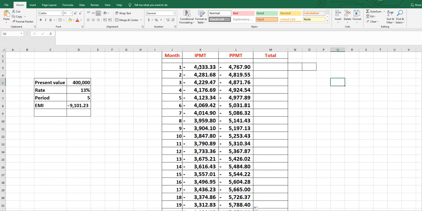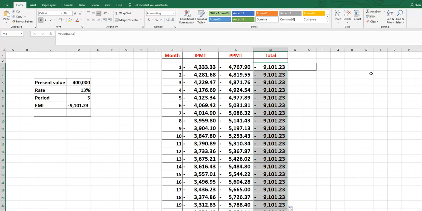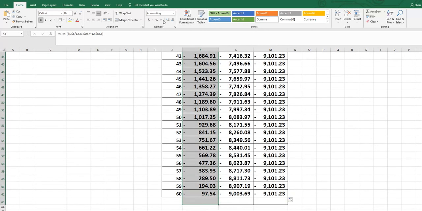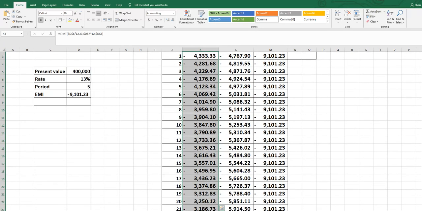and then same thing you have to do. Now I will show you the total. When I make the total, you can see 9,101 and 23 cents, 9,101, right? Okay, now I'm going to fill all these cells. I will make the total of this, then I will show you the output, right?